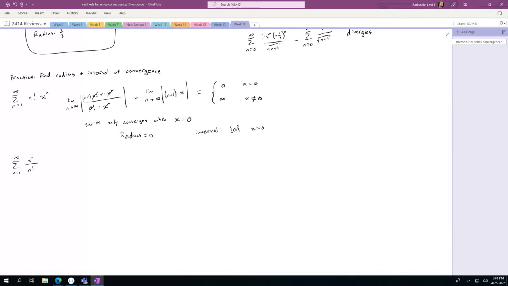Now the second one looks kind of similar. We're running a little short on time, so I'm going to jump right into it. So we have the limit as n approaches infinity. Again, we're applying the ratio test first.